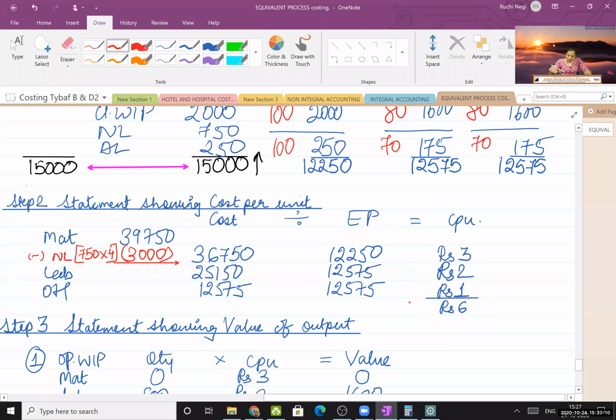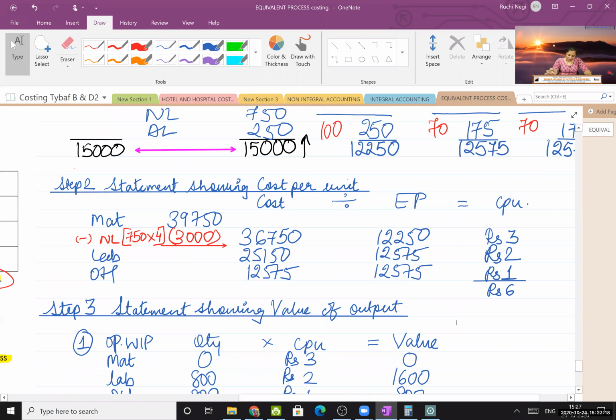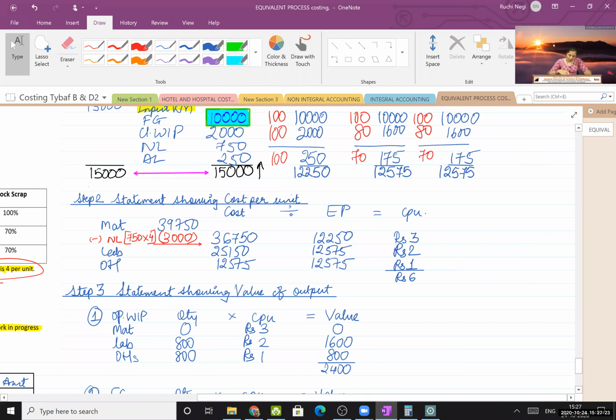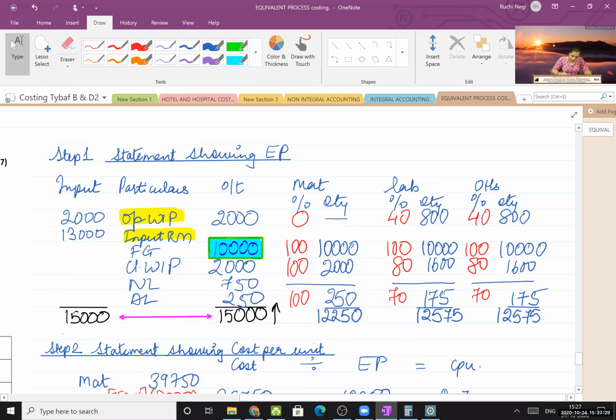Is this clear? Step 2 is also clear, students. Just acknowledge it in the chat box. Should write it like this.